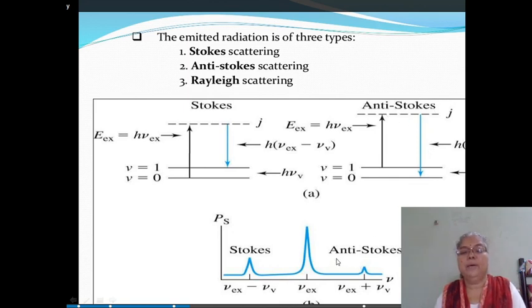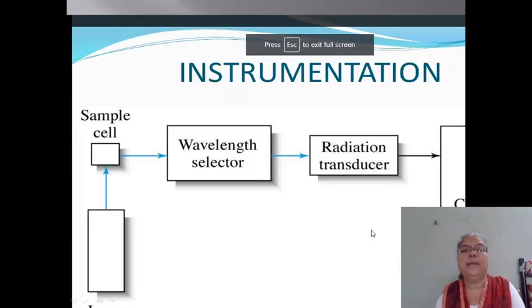Remember, when the incident light and scattered light have the same frequency, we get Rayleigh lines or elastic scattering. When the frequencies are less, we get Stokes lines, and when the frequencies are greater than the frequency of the incident radiation, those lines are called anti-Stokes lines.